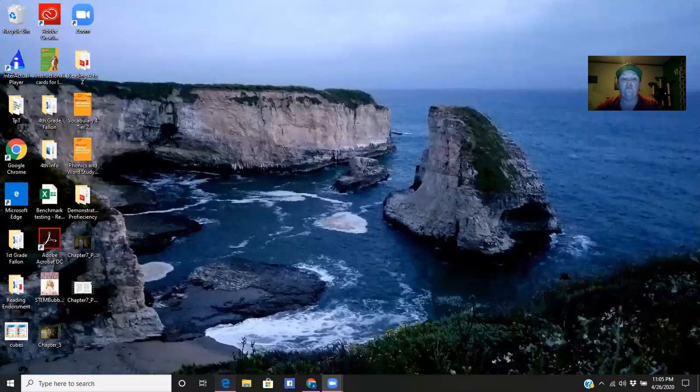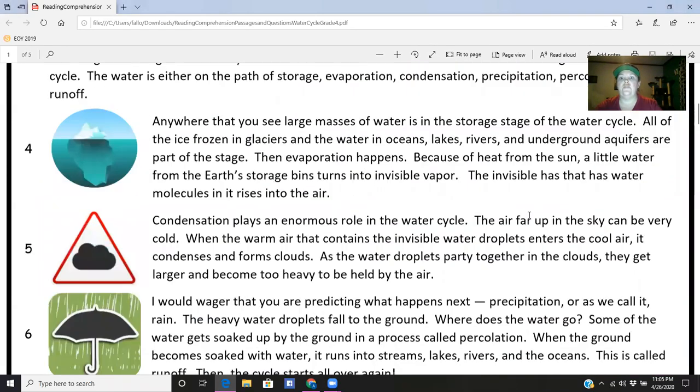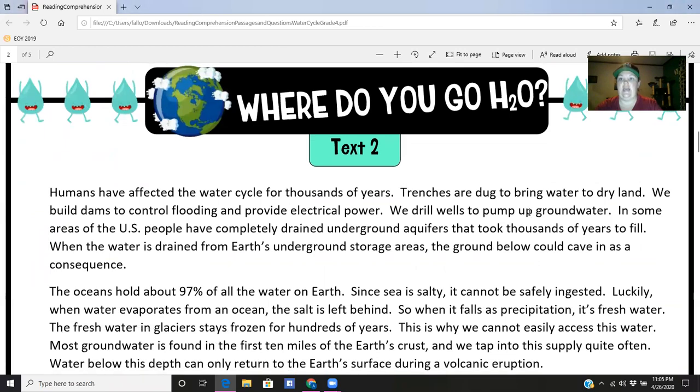But for this week, we are going to be reading 2 different passages and answering some questions about the passages. So I'm going to go ahead and share my screen with you. And we are going to read today, Heat, Cool, Rain, Repeat. This is the first text that we're going to be reading. Now, this reading is paired with a second text, which you will read tomorrow.